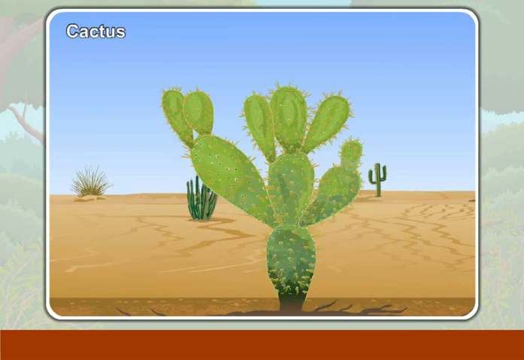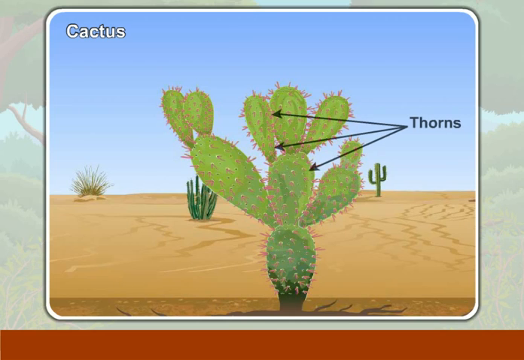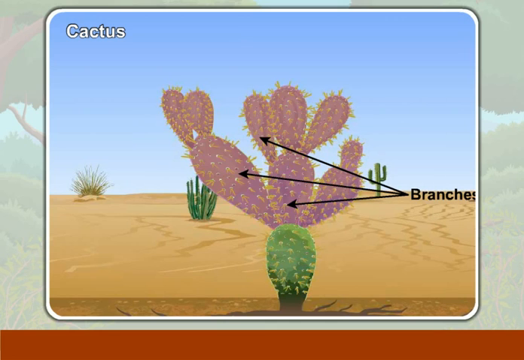But a cactus has thorns instead. And due to this, the cactus plant does not evaporate more water. So, the thorns help a cactus plant to save water. The branches of a cactus plant can store water in them, so it can use water when necessary.